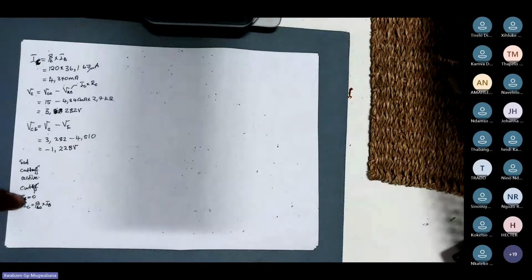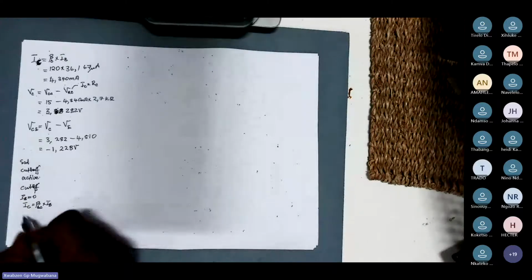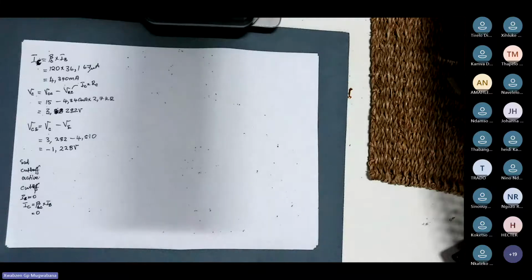If IB is equal to 0, it simply means that your IC will also be 0. Are we together on that part?